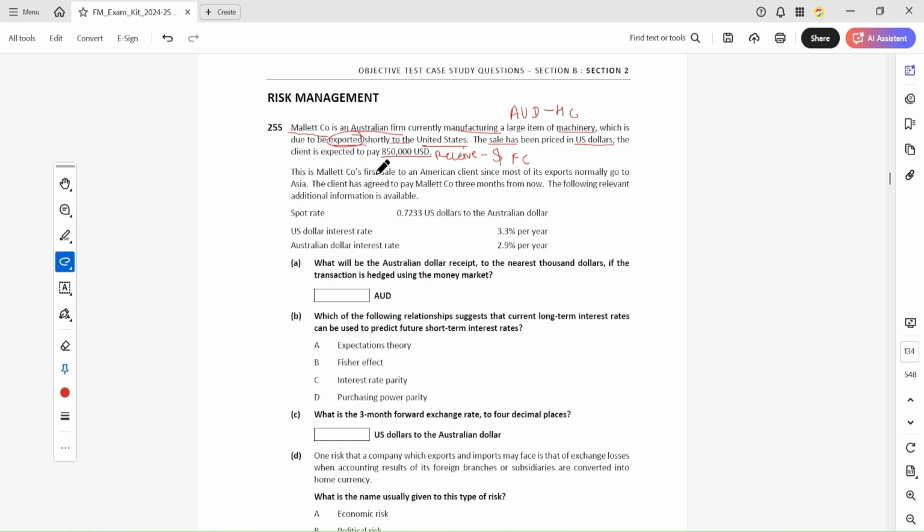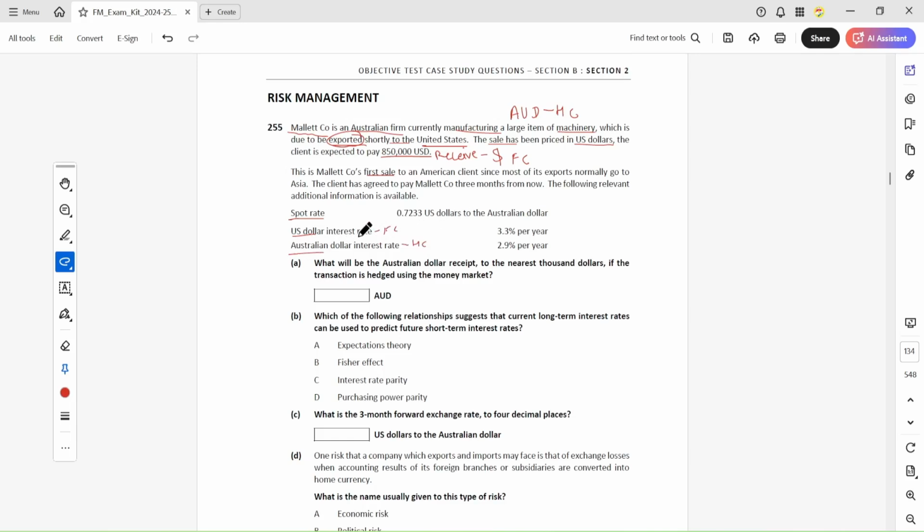This is Mallet company's first sale to America, and most of its exports normally go to Asia. The client has agreed to pay Mallet company 3 months from now. The following relevant additional information is available: the spot rate, and the interest rate for foreign currency and home currency.